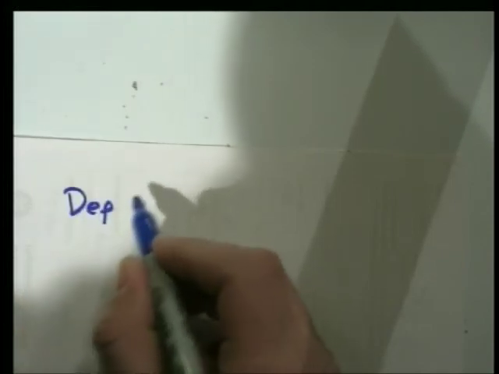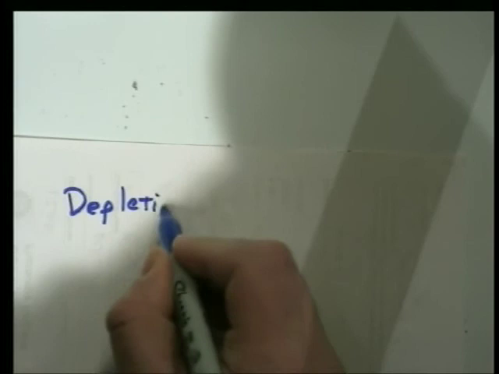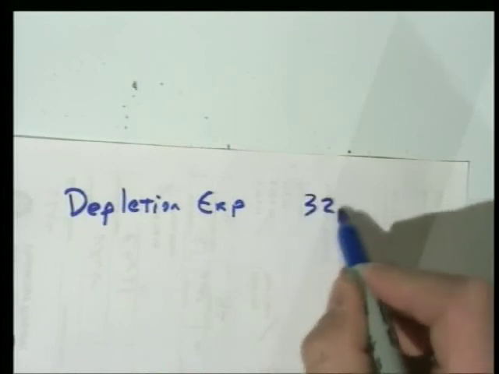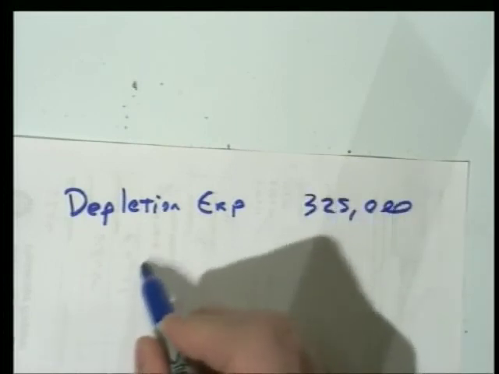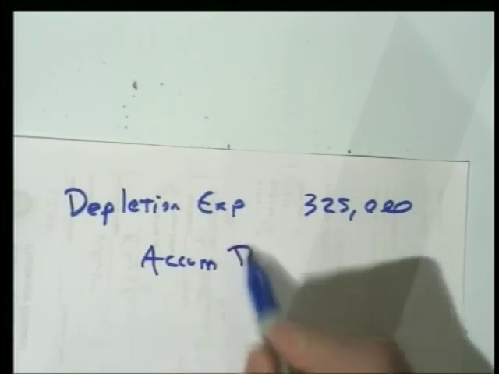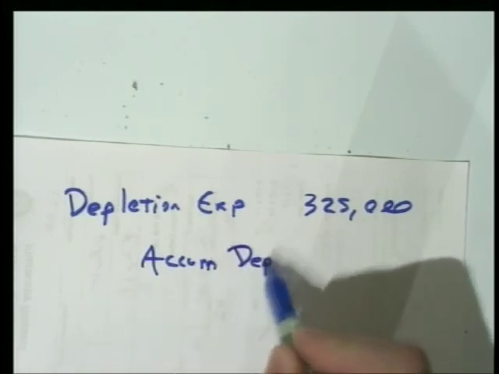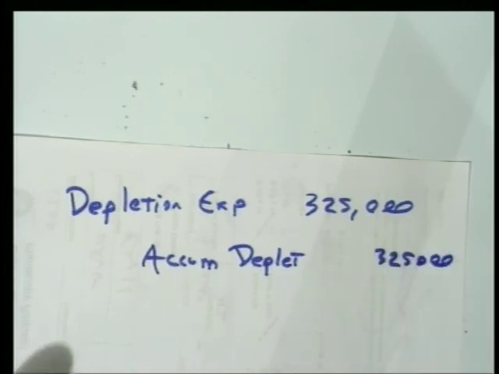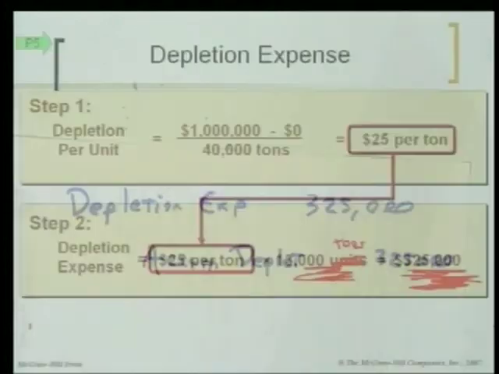Not depreciation expense, but depletion expense. How much was it? 325,000. And then accumulated, not depreciation, but accumulated depletion for $325,000. That's what that entry would look like.